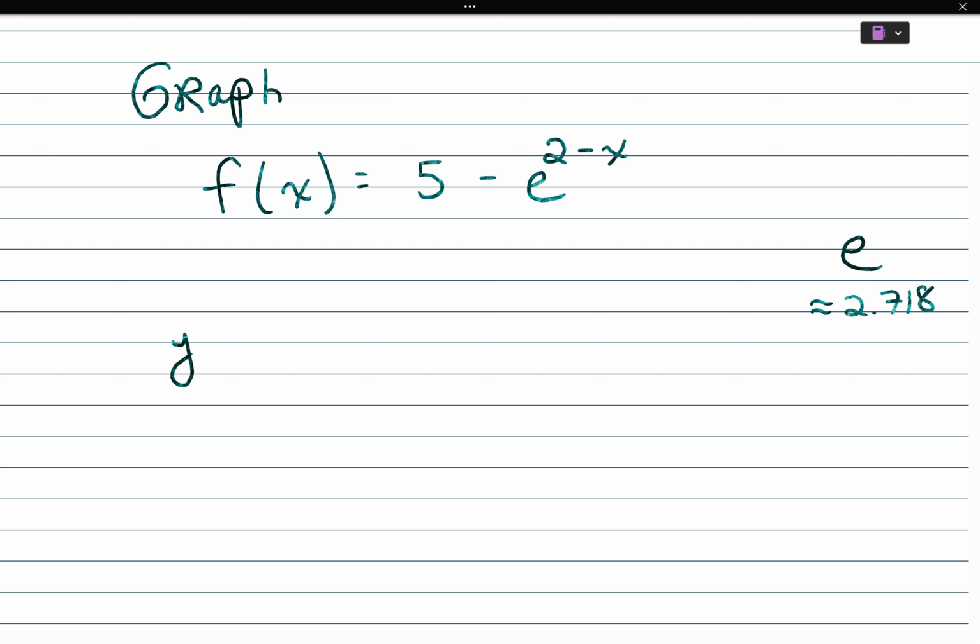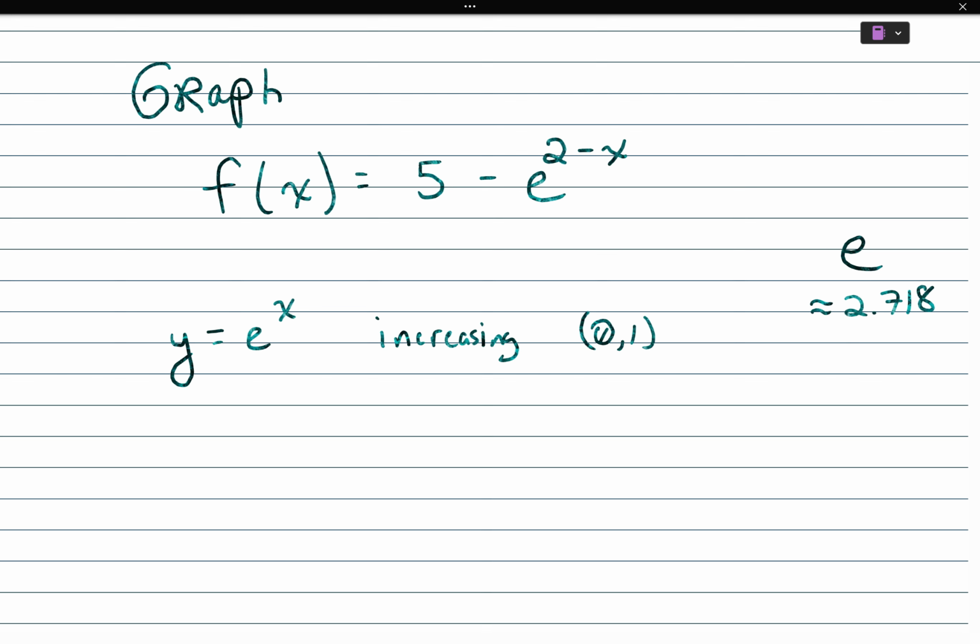So if we have the graph of y is equal to e to the x, right, that's like 2.718 raised to the x power. So we know this to be an increasing function, right, and it passes through 0, 1 as an exponential function does.